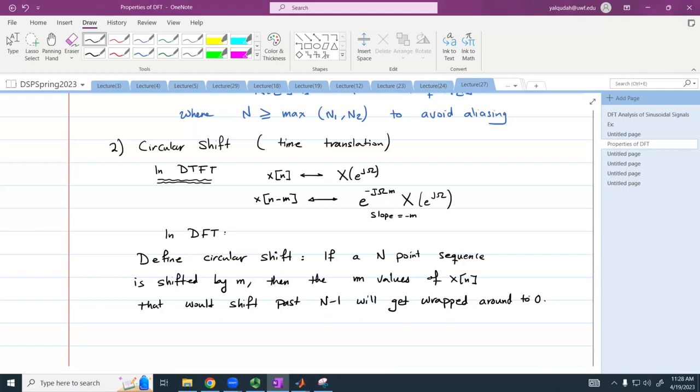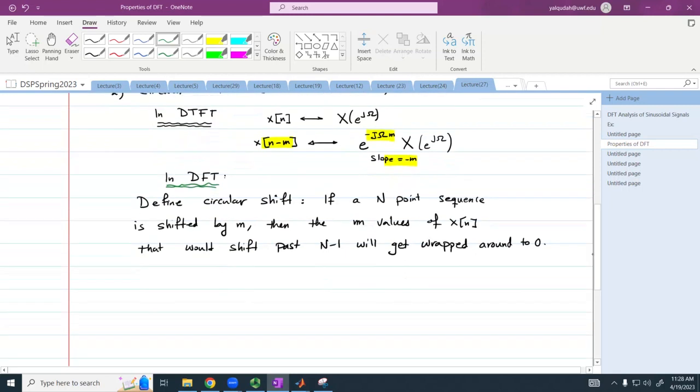So for the discrete time Fourier transform, this shift here is a linear shift. A linear shift will result in this exponential term with a slope that is equal to the linear shift that we've done. Now we want to study the discrete Fourier transform. Therefore, to do the property for the discrete Fourier transform, we have to introduce a new shift, which is called circular shift.